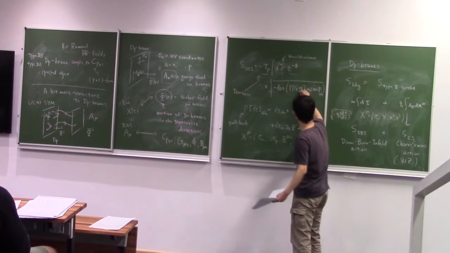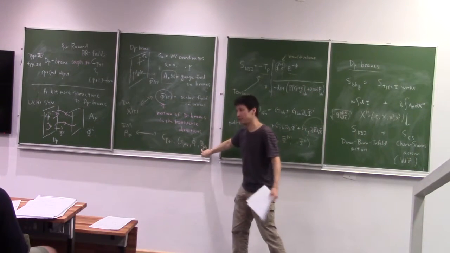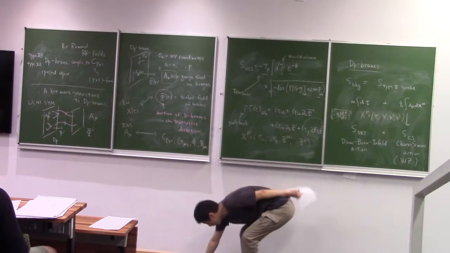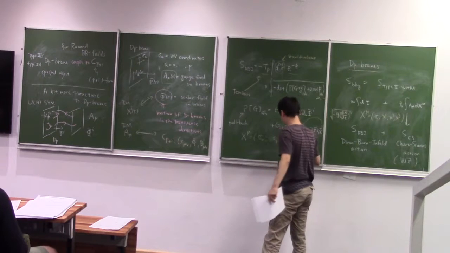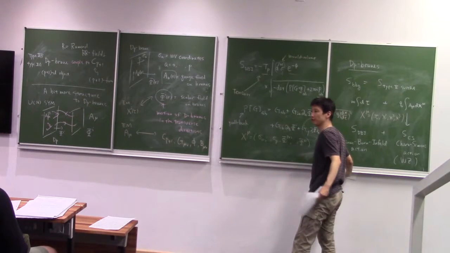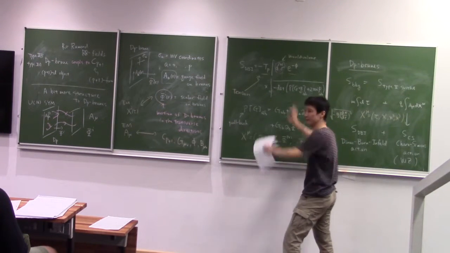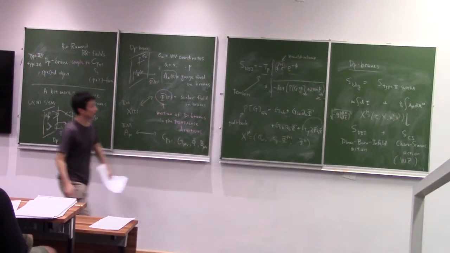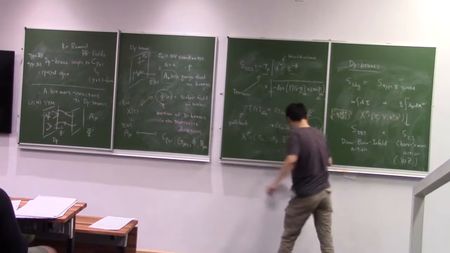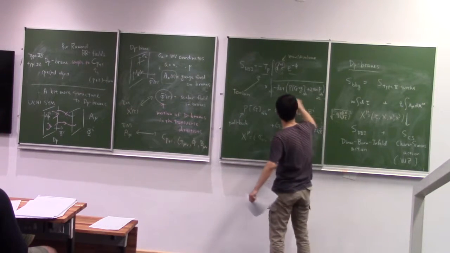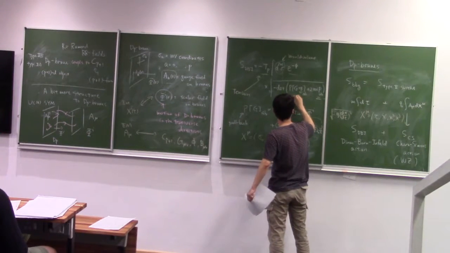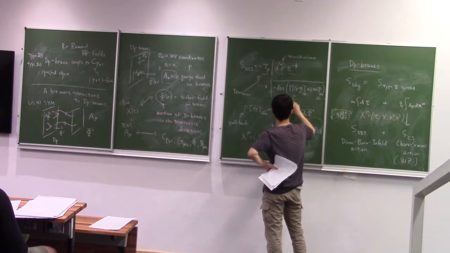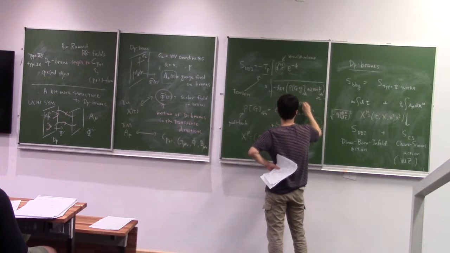And you have B, and you have also the gauge field on the brane. This is how it is. So this determinant is of a p plus 1 times p plus 1 matrix.